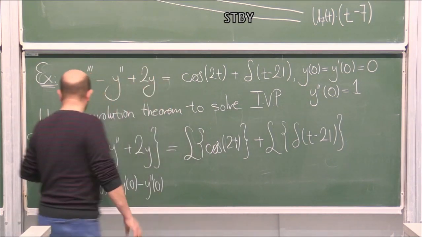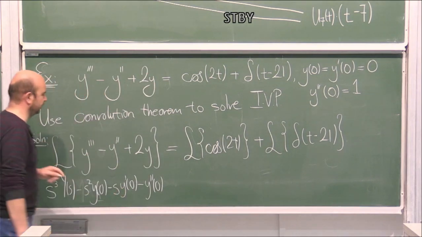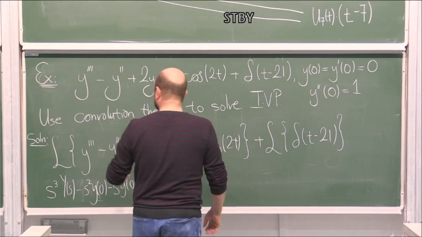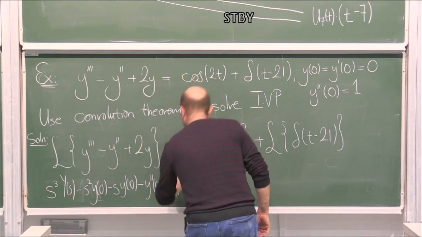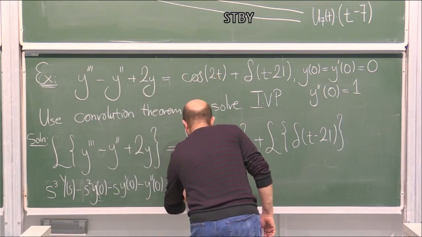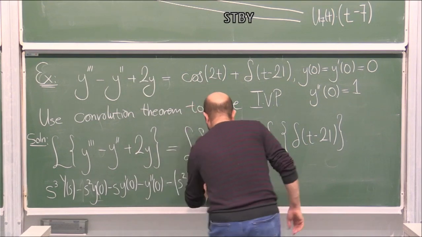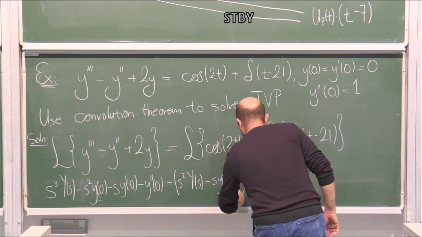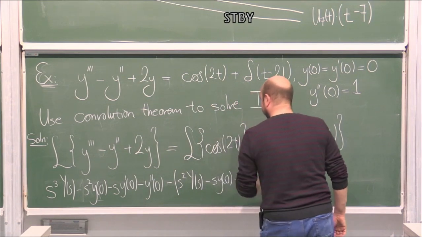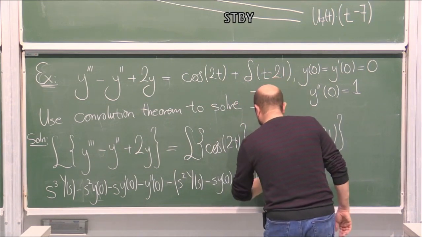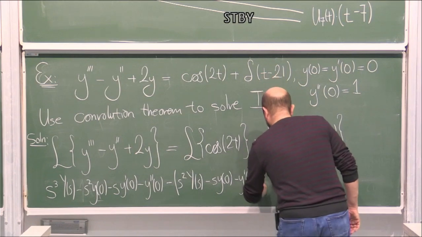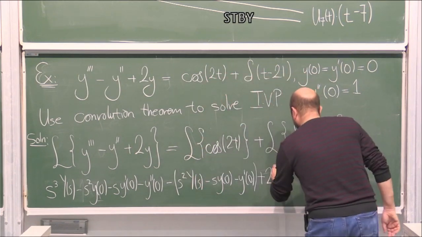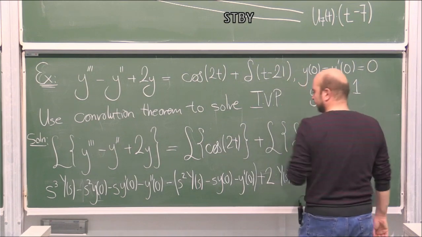That's just the Laplace of the third derivative minus the Laplace of the second derivative, which is s squared y of s minus s times y(0) minus y'(0), plus 2 times the Laplace of y, which is y of s.